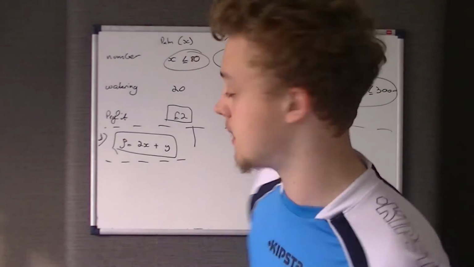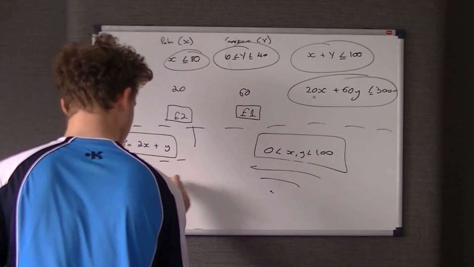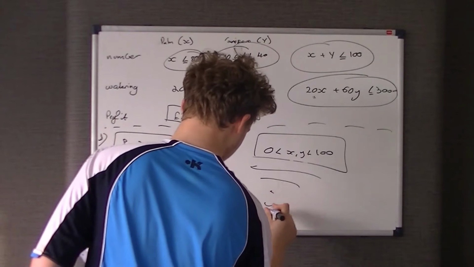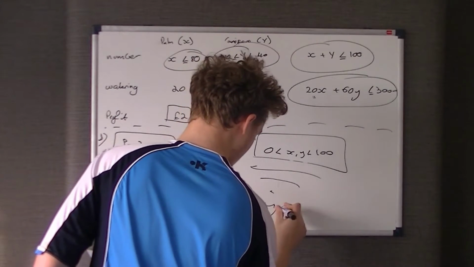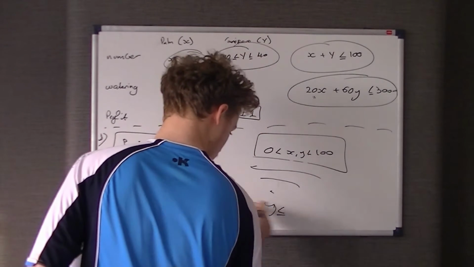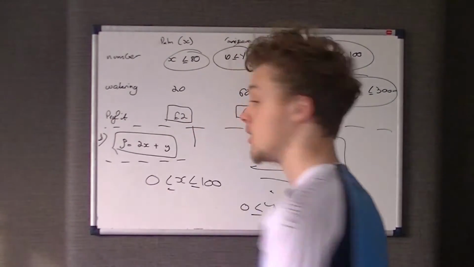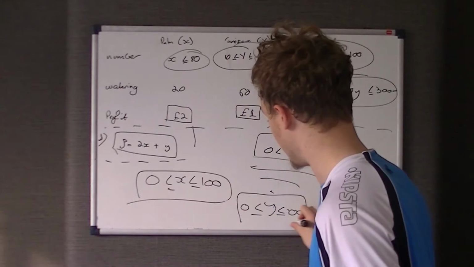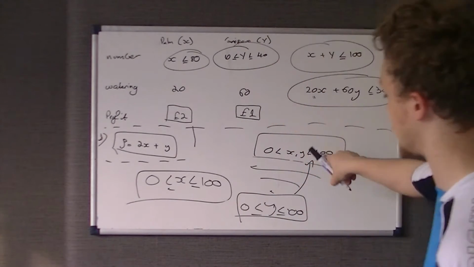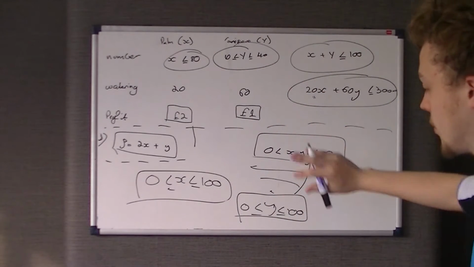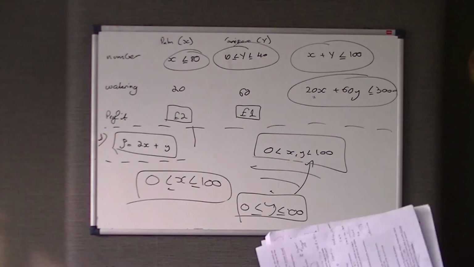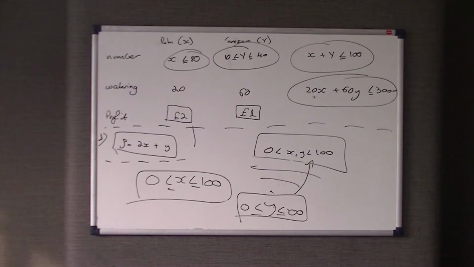It's just that the examiner's been lazy and not writing this instead. So basically one and that one combined will give you that. That's just what the inequalities mean. Hopefully that makes a bit of sense. But as I said, that's just how it's drawn. Anyway, that was just telling you how big to draw the graph.